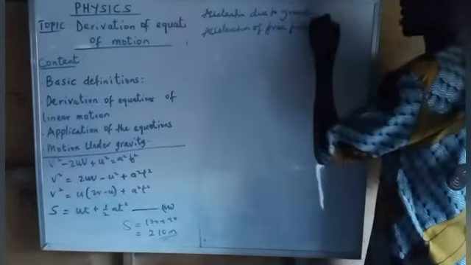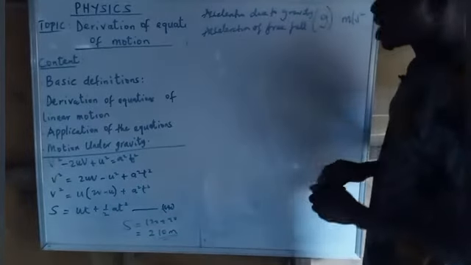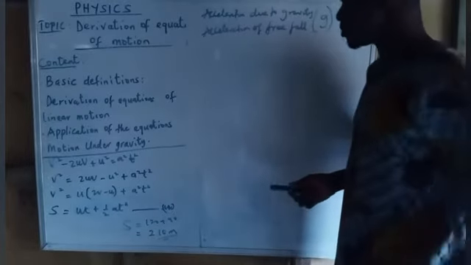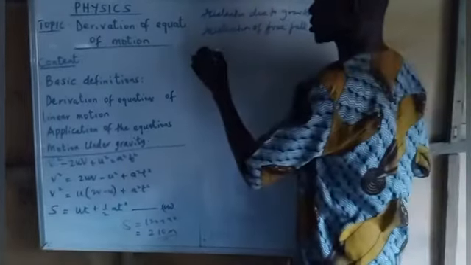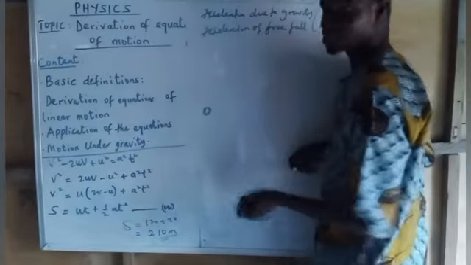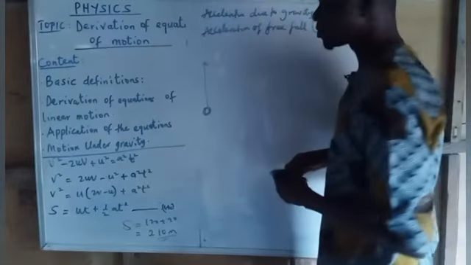And it is represented with small letter g. And the unit is what? Meters per square second. Now, when you talk about motion under gravity, we have two scenarios here that I'm going to paint. The first one is what? If an object is ascending. Ascend means what? It is moving upward. That's the first scenario.